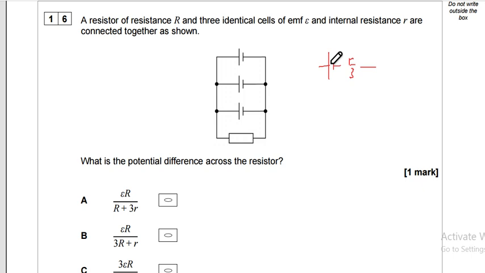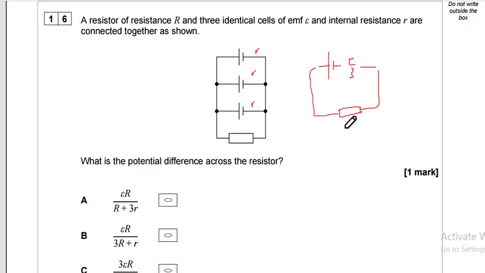This is the battery equivalent for the three, because each one of them has R. So as the three R's are in parallel, the total or equivalent of them is R over 3. This is connected to R capital.